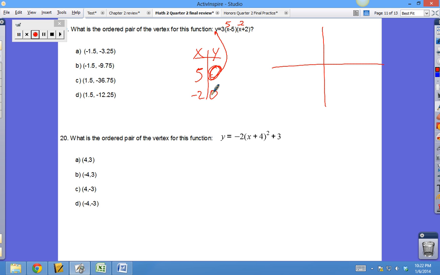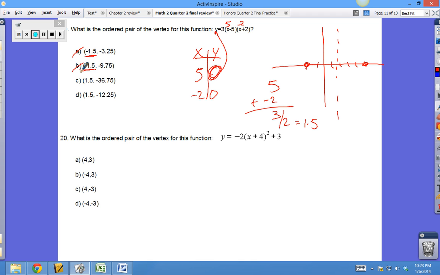So 5 and 0 and a minus 2 and 0. So somewhere over here, there are my zeros. I know my vertex has to be halfway between them. So I'm going to find the average of them. I'm going to find the average of 5 plus a minus 2. That's 3. Divide that by 2. That is 1.5. So at 1.5, my vertex is going to happen somewhere on that line. So I can now kill A and B because they say it happens at negative 1.5.